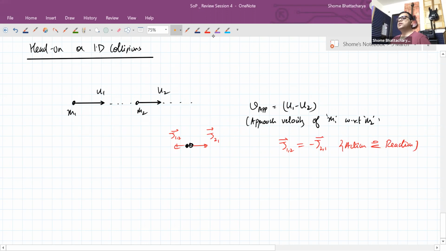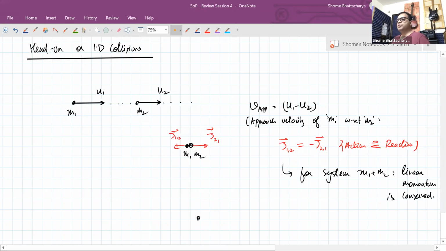So this is what tells us that for the system of particles m1 plus m2, linear momentum is conserved. For the system, the linear momentum is conserved.